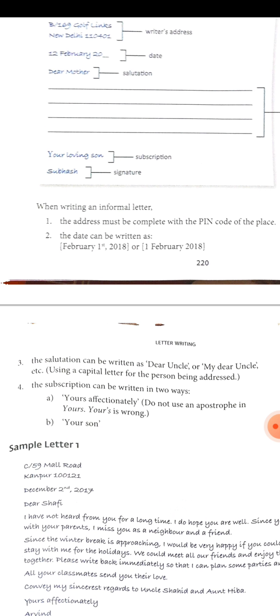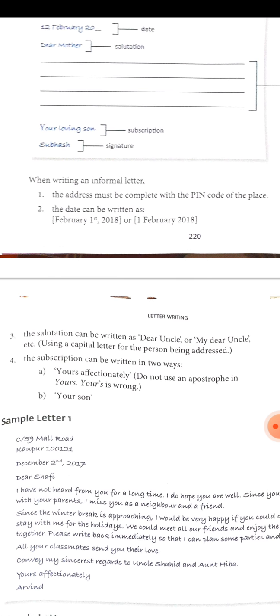The third point is the salutation can be written as dear uncle, my dear uncle, etc., using a capital letter for the person being addressed. You cannot write the person's name, but you will write the relation that you have with that person. So you have to write it in capital letter.